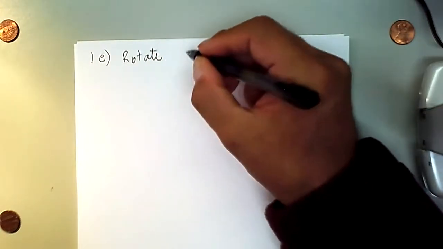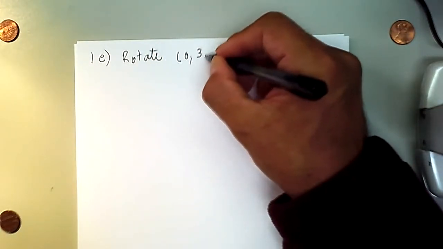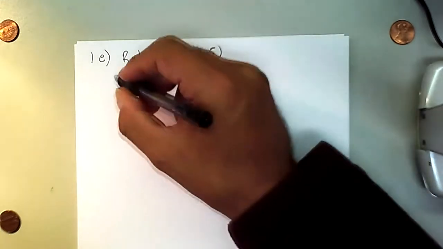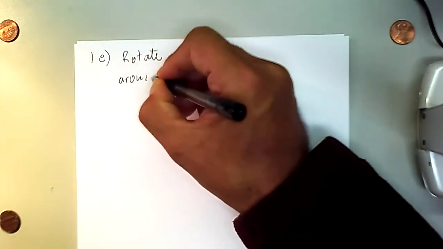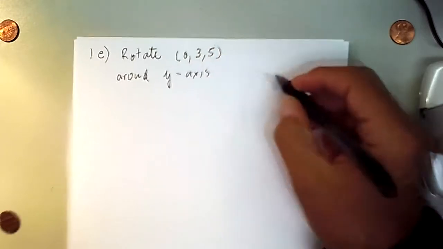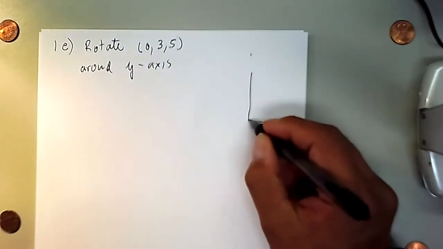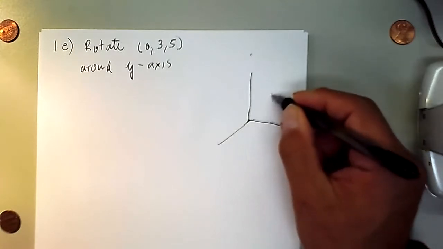Now we're going to pick a point that is on the YZ plane. So let's say 0, 3, 5 around the y-axis. Okay, so 3, 5 is about there.